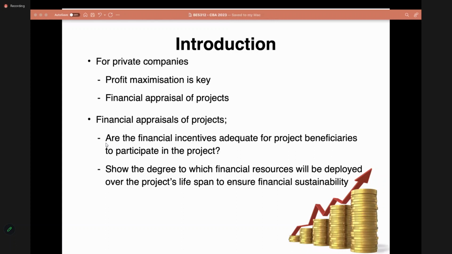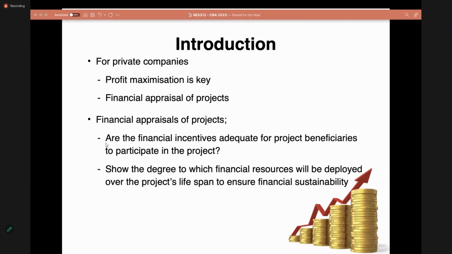When it comes to project appraisal, if you're a private company, the main objective that you have is to maximize the profits, isn't it? So when you do a financial appraisal of projects, that's what you focus on.